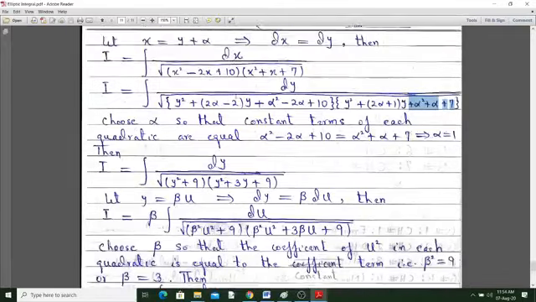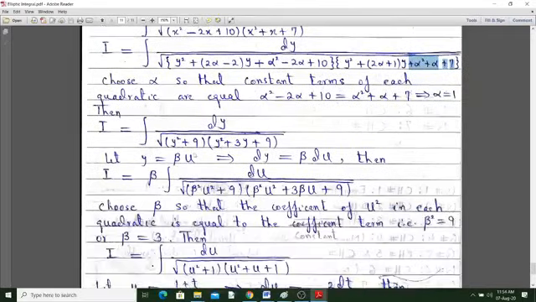And now you see from this expression we have converted our first factor into quadratic and constant, but the second one remains quadratic, linear and constant. Now our aim is to convert this second factor into quadratic and constant terms.